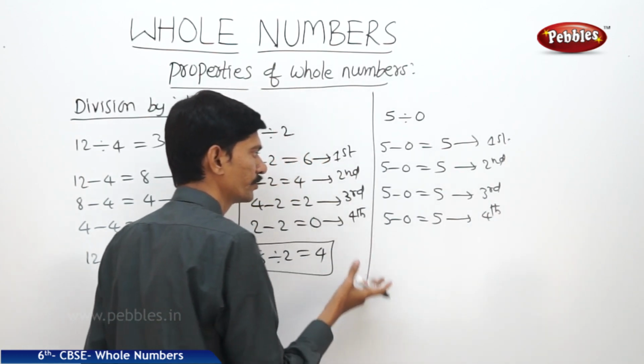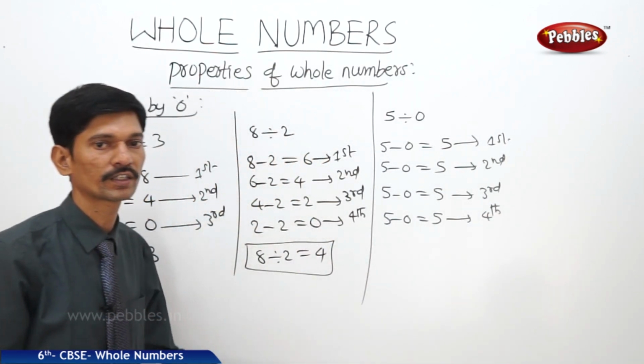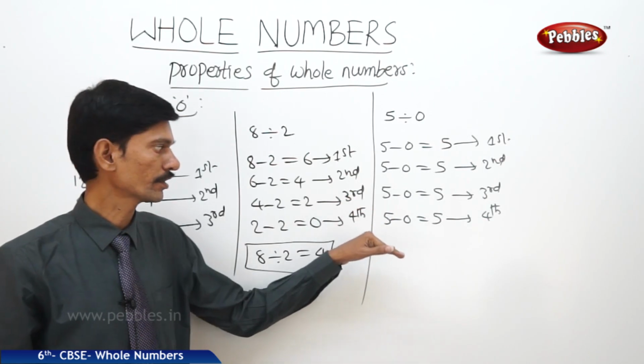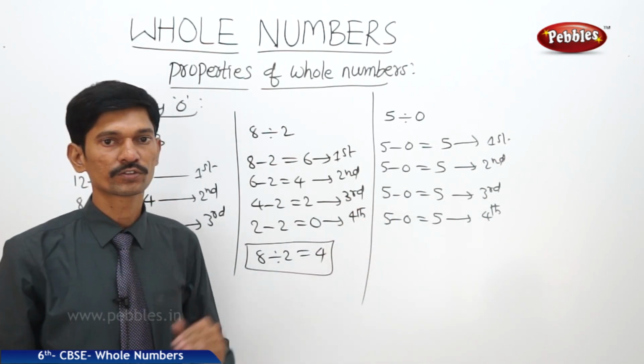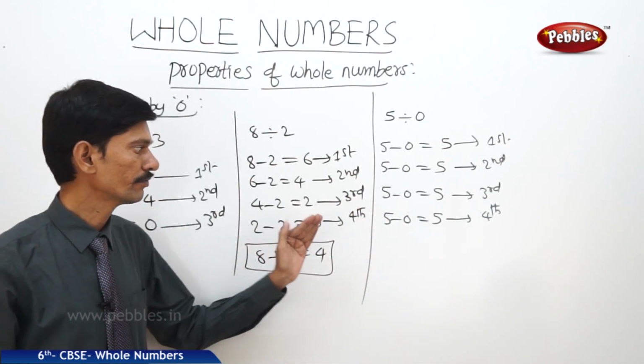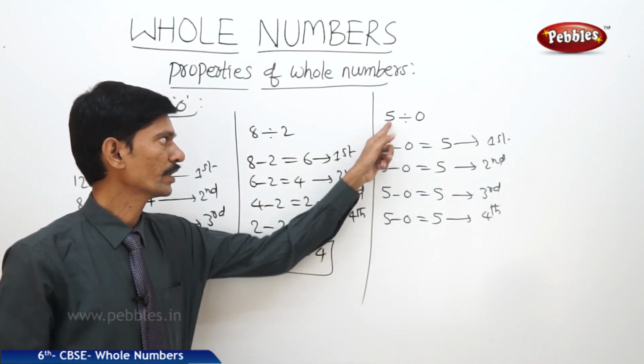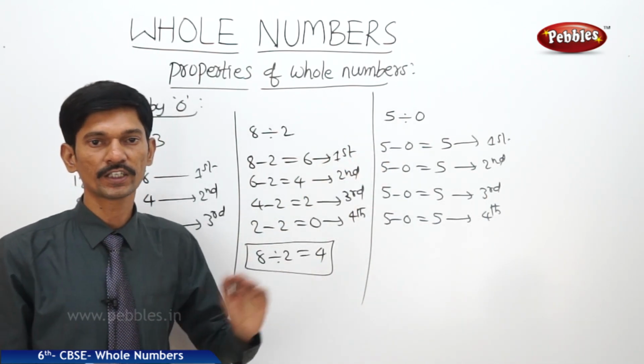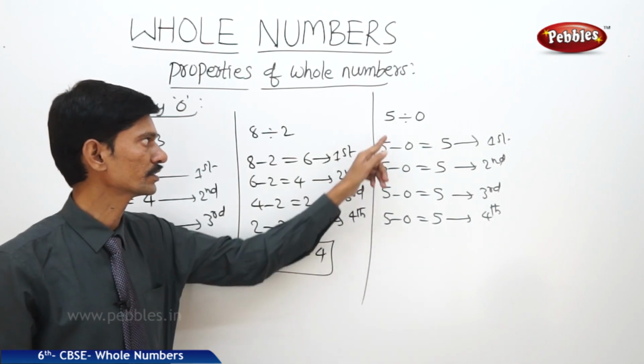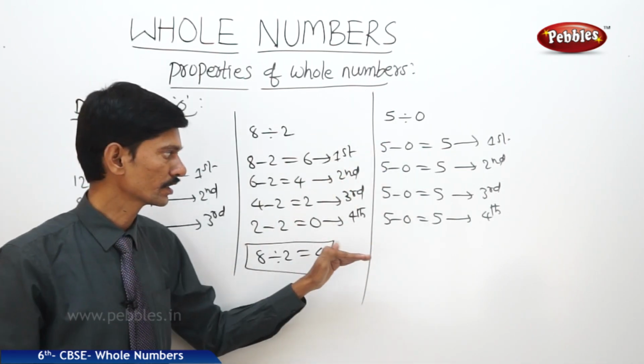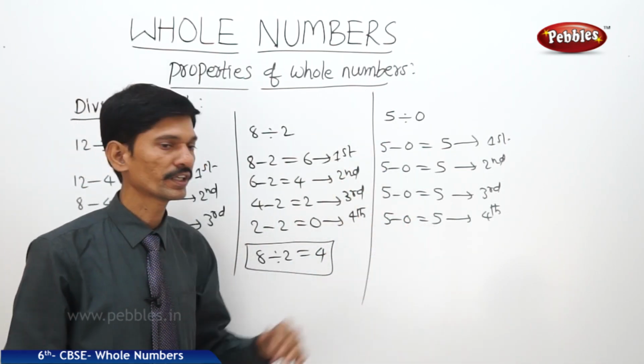In any step, however many steps you write, we will never get the difference 0. So then we can write that division of 5 by 0 is not defined. If you take any other whole number in place of 5, we never get the difference 0 in any step.